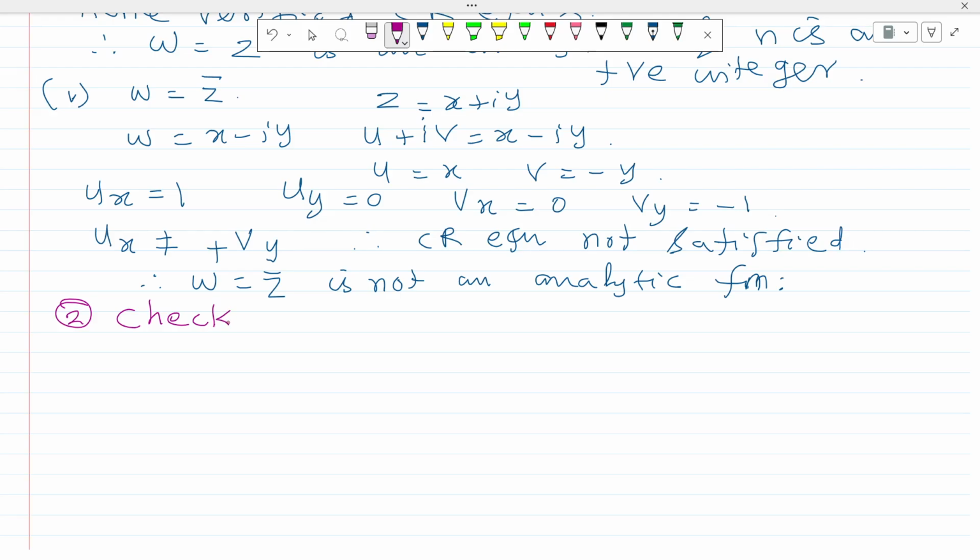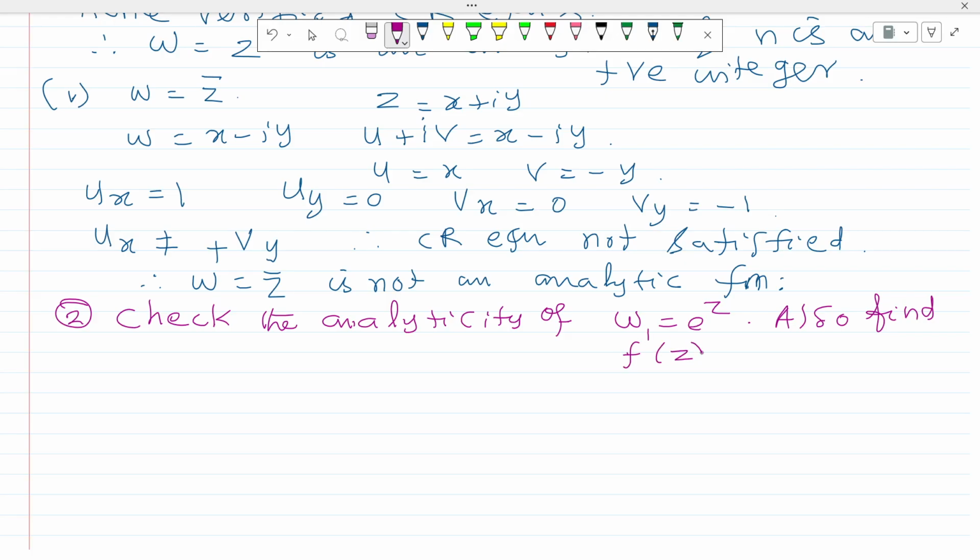Check the analyticity of W equal to e power z.